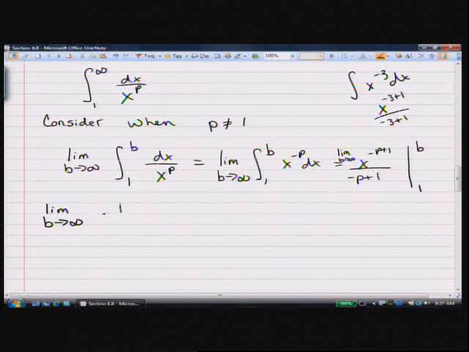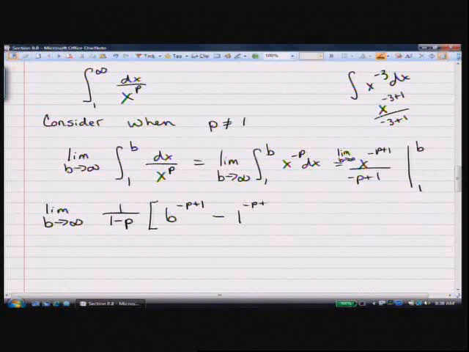I could think of this as 1 over negative p plus 1, maybe I should write that as 1 minus p. That's just a constant out in front. And then it's going to be b to the negative p plus 1, and then minus 1 to the negative p plus 1.